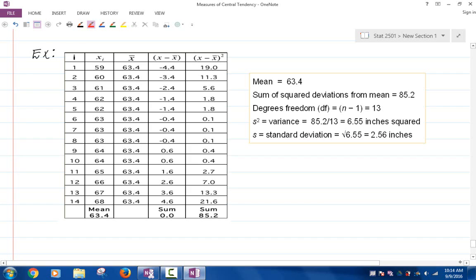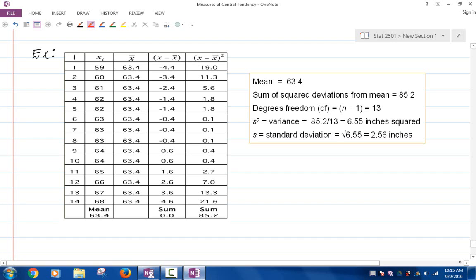Because of that, the unit for the variance would be squared inches. And then once you have the variance, you can calculate the standard deviation. Standard deviation would be the square root of 6.55, which is 2.56 inches. Once again, the unit for standard deviation is the same as that of the observations, so it will be inches.